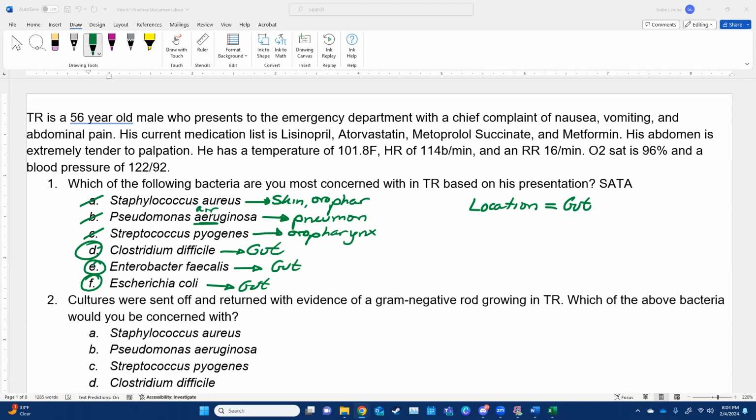By the way, if you're like me and you saw faecalis and you're like, oh, it's the face, this is feces. That's what it's talking about. Faecium, also feces.